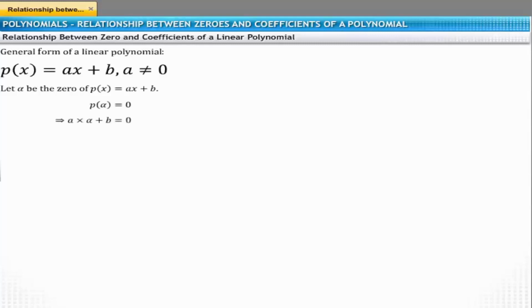This implies that a multiplied by alpha plus b is equal to 0. On simplifying this expression, we get alpha is equal to minus b divided by a. Here b is the constant term and a is the coefficient of the variable x of the linear polynomial. This equation defines the relationship between the zero and the coefficient of the linear polynomial.